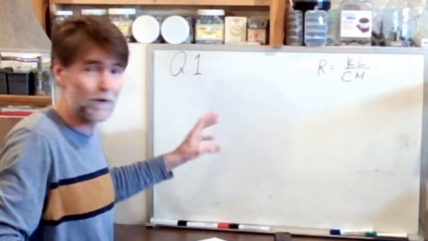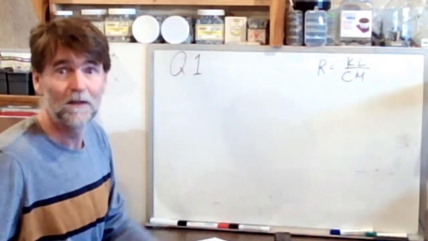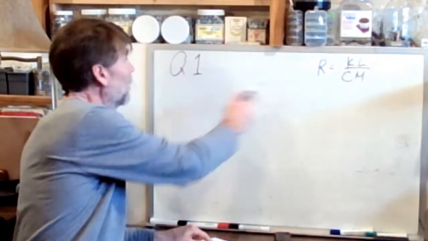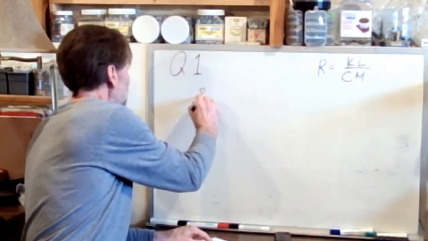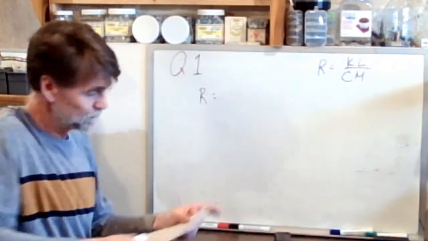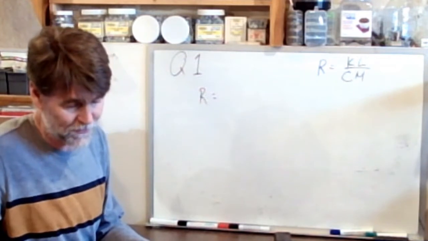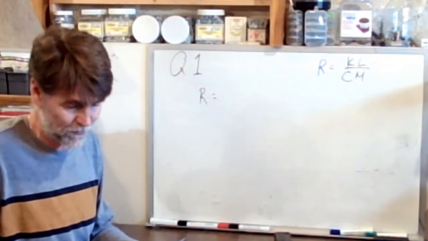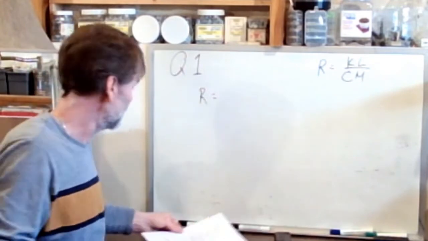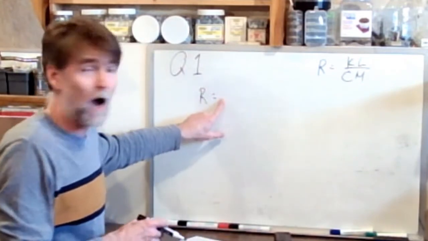Let's figure this out. So the first one, I just thought I'd do this because it's a nice introduction. Question 1 says a copper conductor has a circular area of 250 circular mills and a length of 825 feet. Find its resistance. Okay, so it's a copper conductor.